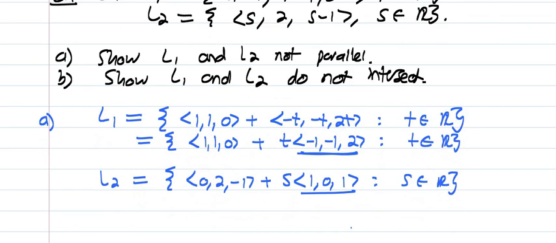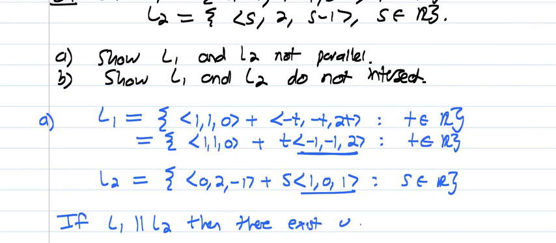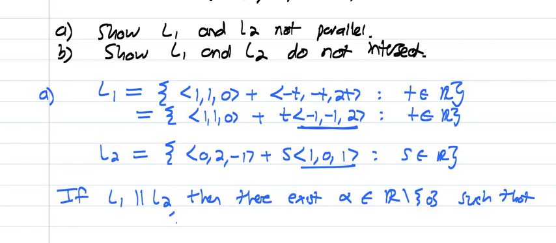So I'm going to use a proof by contradiction. I'm going to say, if line 1 is parallel to line 2, then there exists an alpha which is a non-zero real number such that this vector, which is (-1, 1, 2), is equal to alpha times (1, 0, 1).